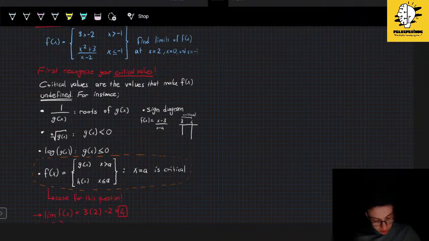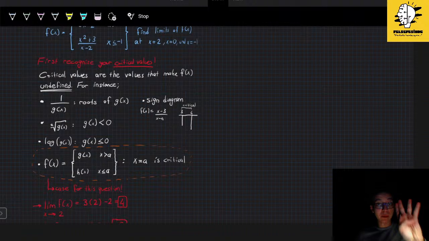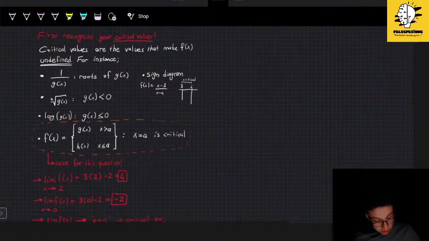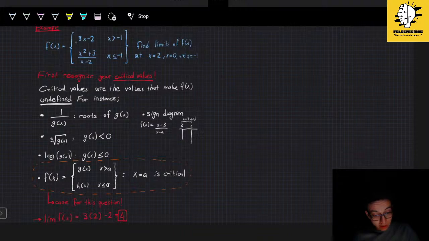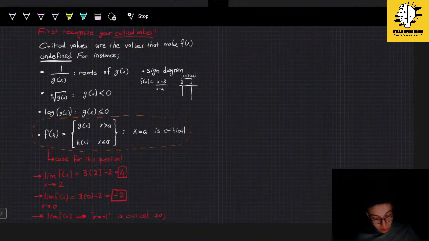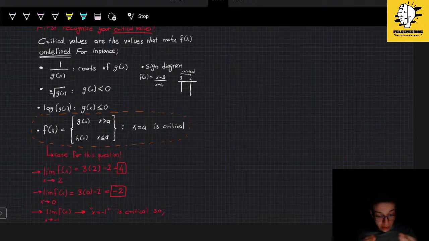Let's substitute it. 6 minus 2 is equal to 4. A limit exists at 4. And the second one, x approaches 0. It is again the first one, and I can see that 3 times 0 minus 2 will give us minus 2. So a limit exists as x approaches 0, and the limit is minus 2.